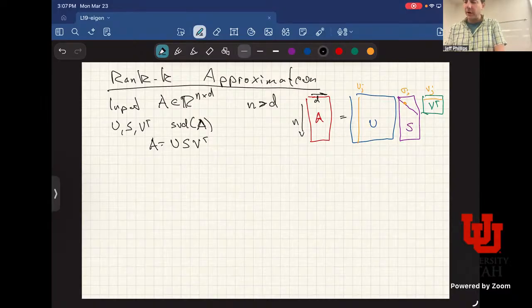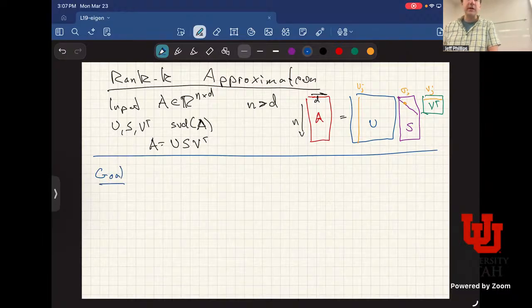Our goal here, with the rank K approximation, is a matrix A prime, which has the same dimension, N by D, so I can directly compare them.